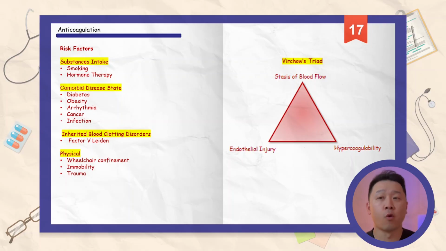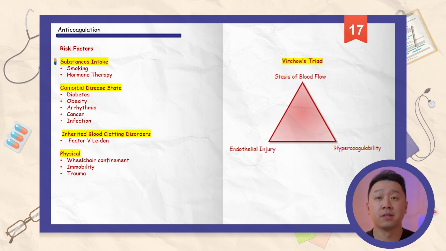Next, we will explore some of the clinical manifestations due to the increased risk factor of clot formation. I've separated these risk components into 4 different sections: substance intake, comorbid disease states, inherited blood clotting, as well as anything physical.